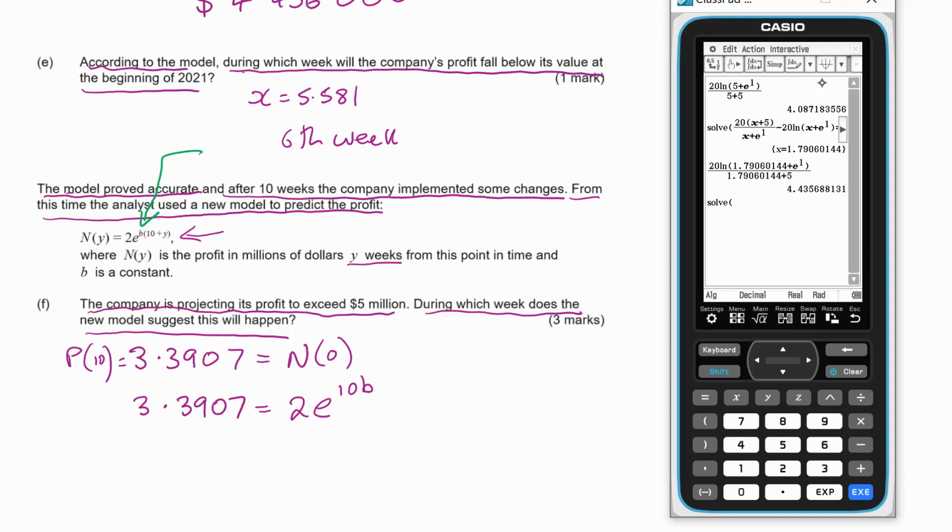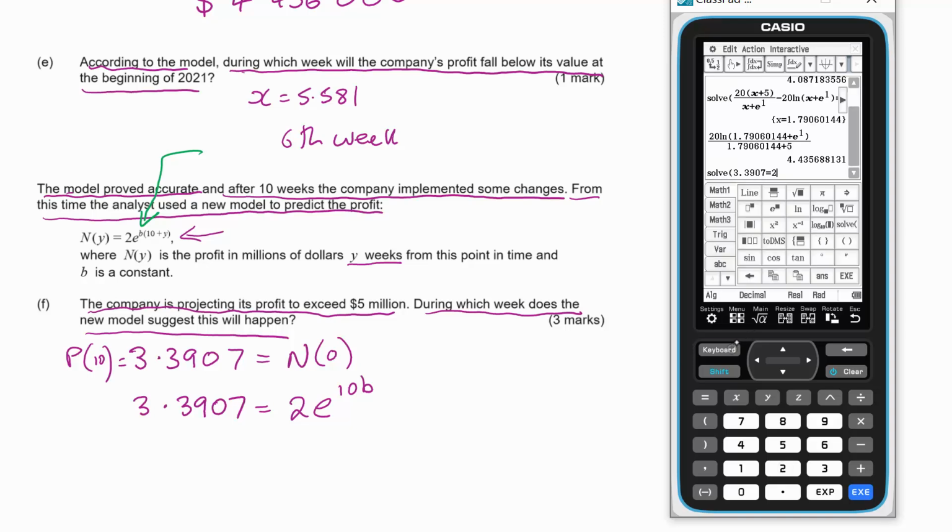So we're solving 3.3907 equals 2 e to the 10x. That gives me x is 0.0528.